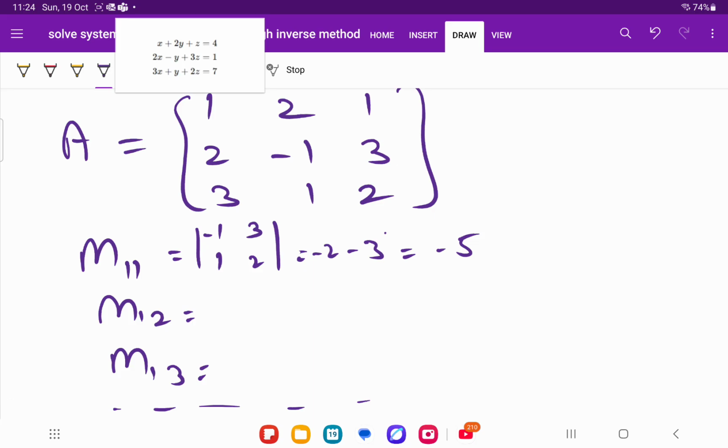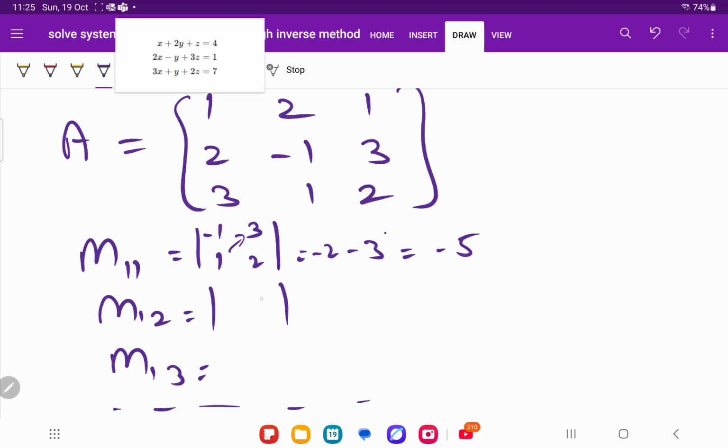Because it's the second diagonal. For the first diagonal, you keep the sign whatever the sign is, and for the second diagonal, when you move up, you have to change the sign.